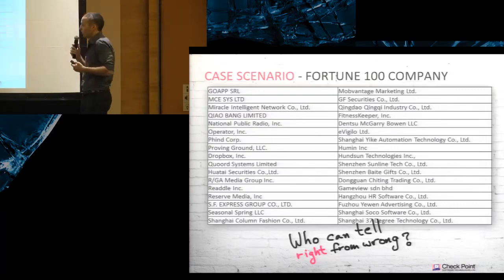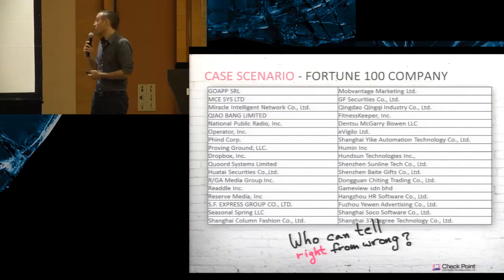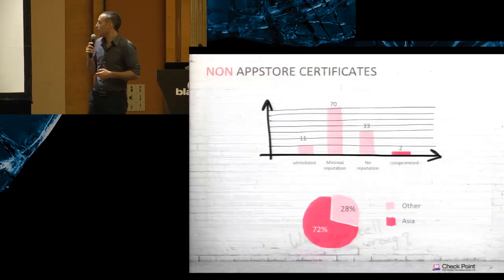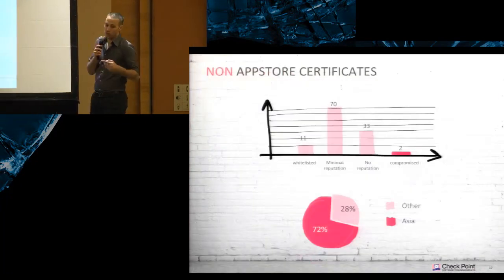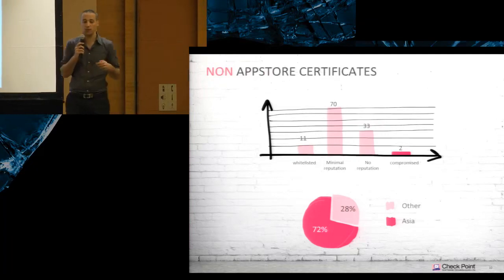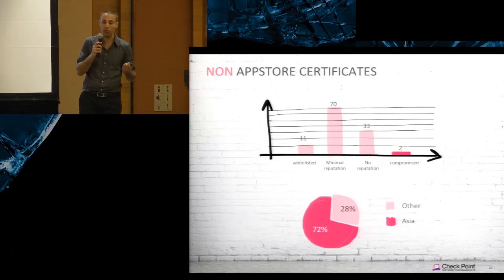And we tried to analyze this list and understand why they have so many enterprise certificate applications. And when we drilled in, this is what we saw. 11 of these enterprise certificates were whitelisted, meaning that it was either the company certificate or its subsidiary companies.